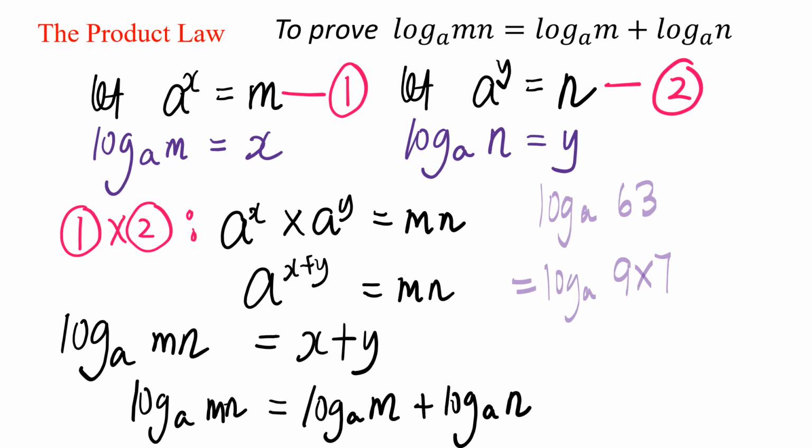From there, I can simplify it further into log base a of 9 plus log base a of 7. You can also write 63 as 21 times 3. Then that gives you log base a of 21 plus log base a of 3.